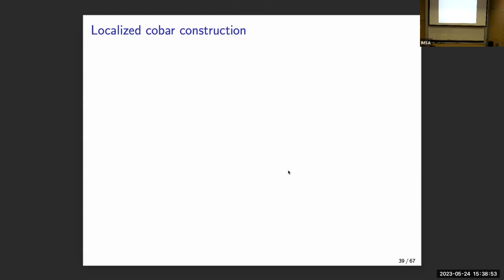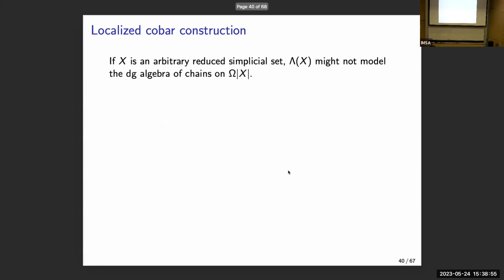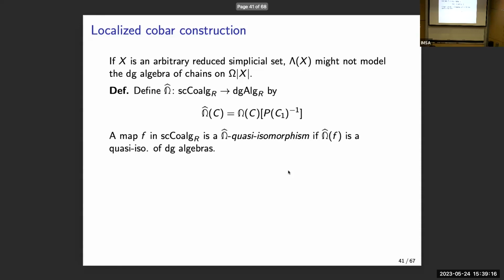The answer is yes, still. So the construction is the following. If X is an arbitrary reduced simplicial set, reduced meaning it just has one vertex. The homotopy theory of connected pointed spaces can be modeled in terms of simplicial sets with one vertex. So this construction might not model the DG algebra of chains on the based loop space.